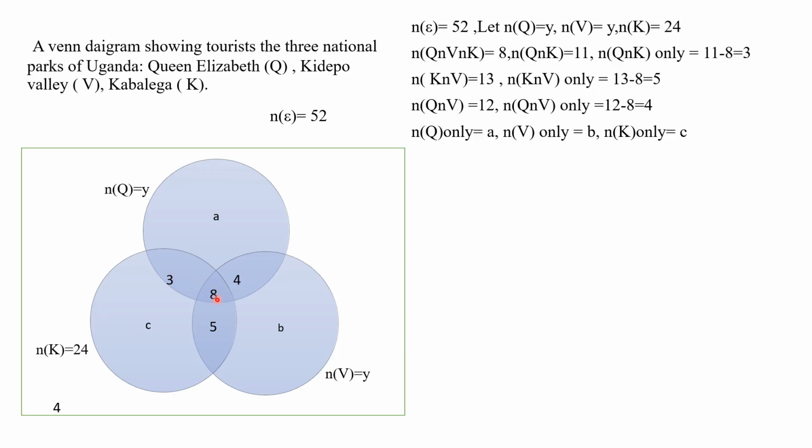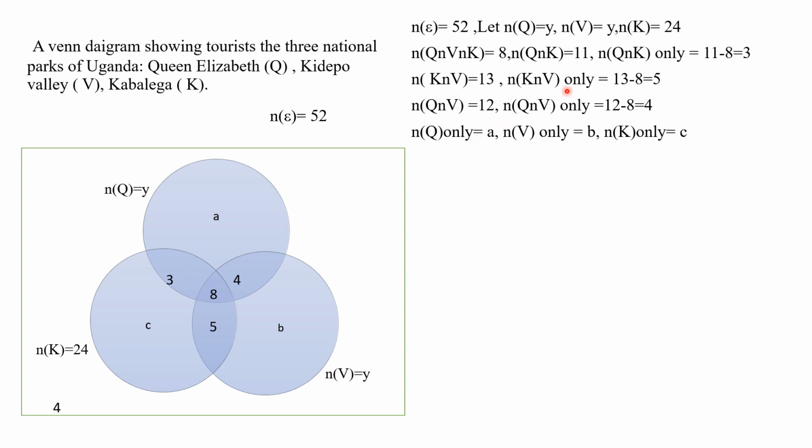You have to subtract the value for the intersection of the 3 sets. So that's why you are not seeing me putting here 11, but instead I'm putting there 3.